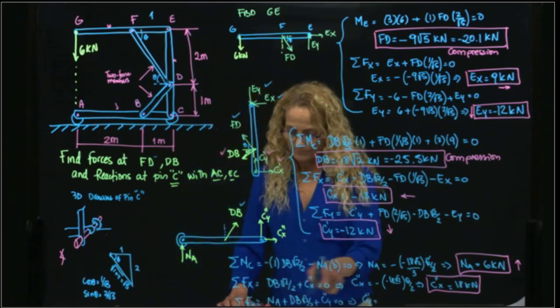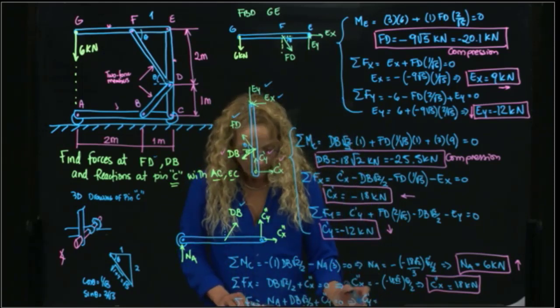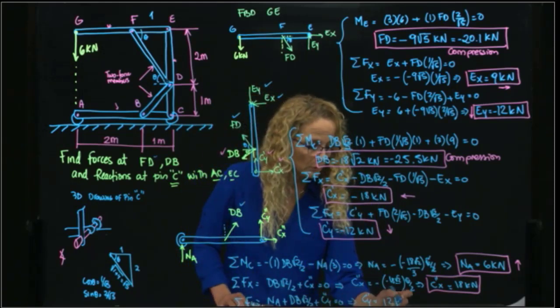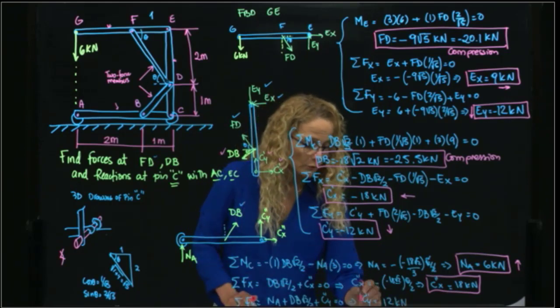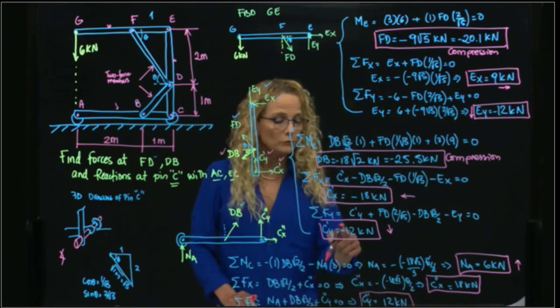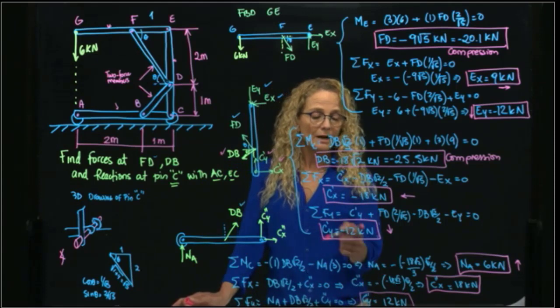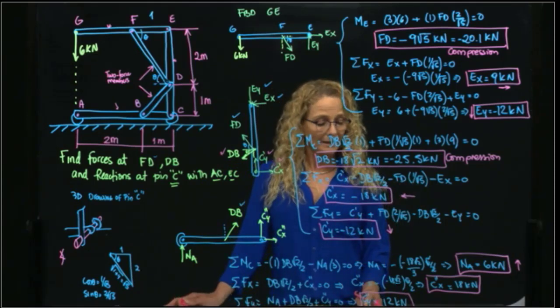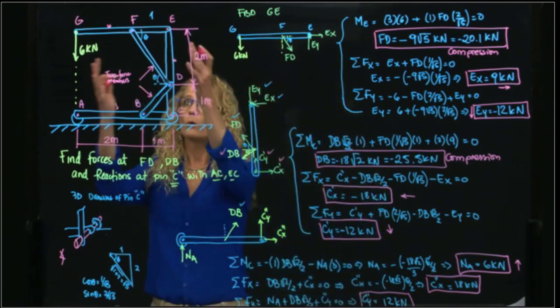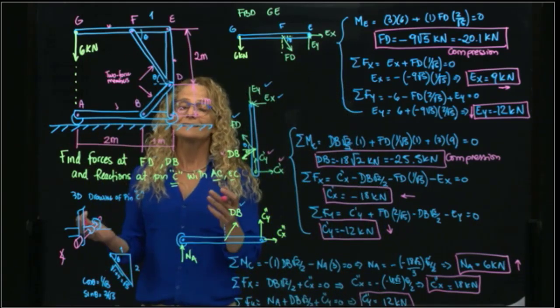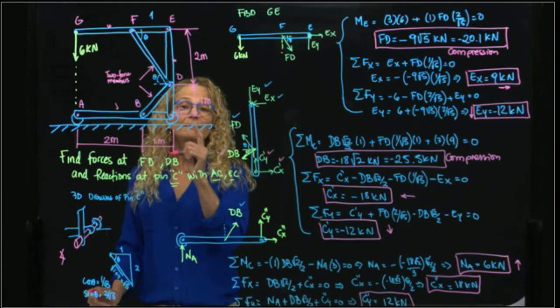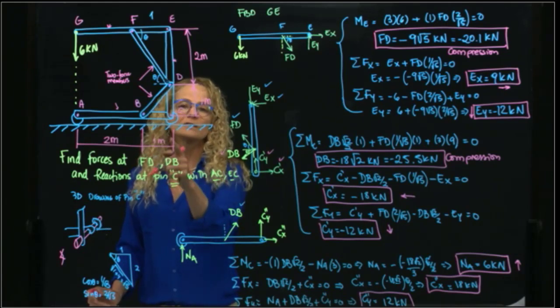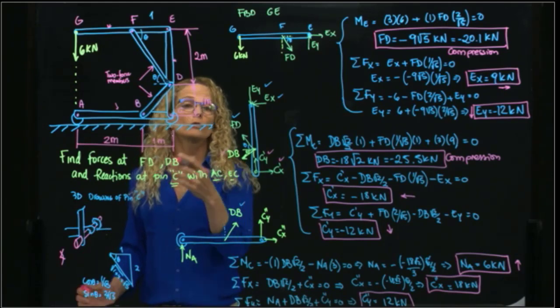And of course, I plug in all the numbers, and I get that it's 12 kilonewtons. And the same, so here we will say, well, if those two reactions are equal, then I don't have anything in the Y direction. So let's analyze the whole structure, and we'll see that it means that this normal force is equal to 0. Does that make sense?